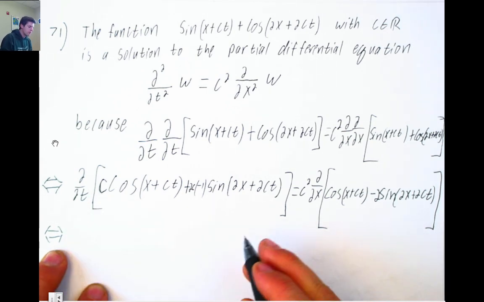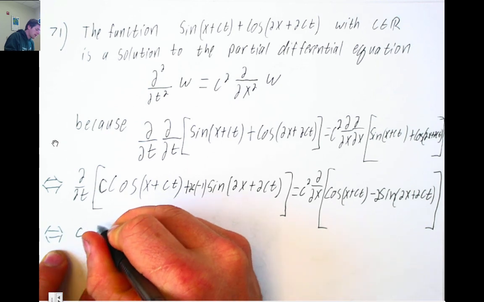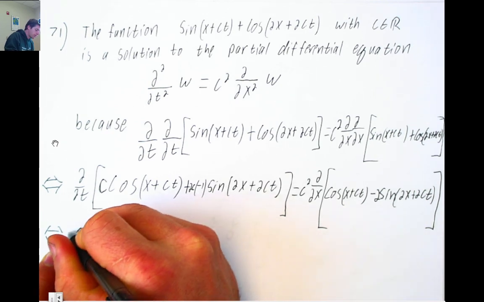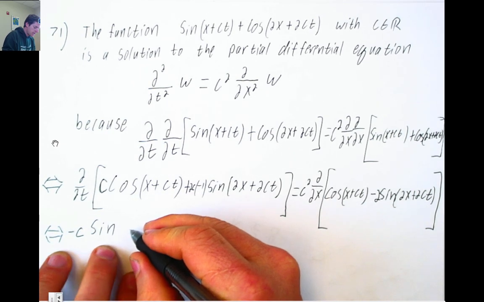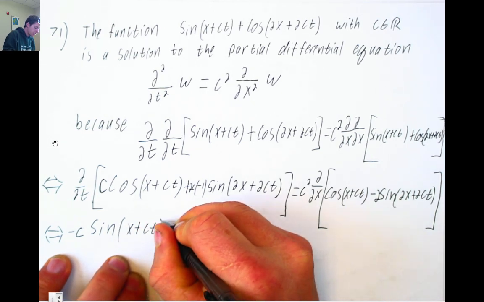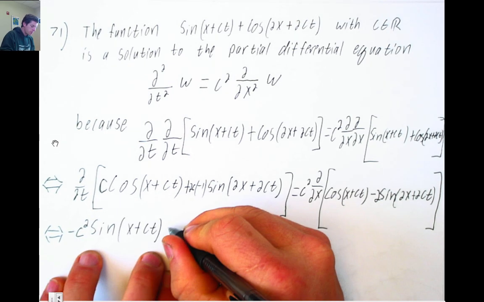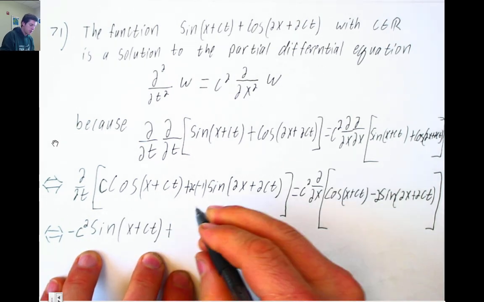Okay, the next t derivative, the derivative of cosine, will give me sine with a negative. And let's see, negative sine of x plus ct, and then the derivative of the inside, so I'd get another factor of c, plus 2c, oh man, I should have said minus.